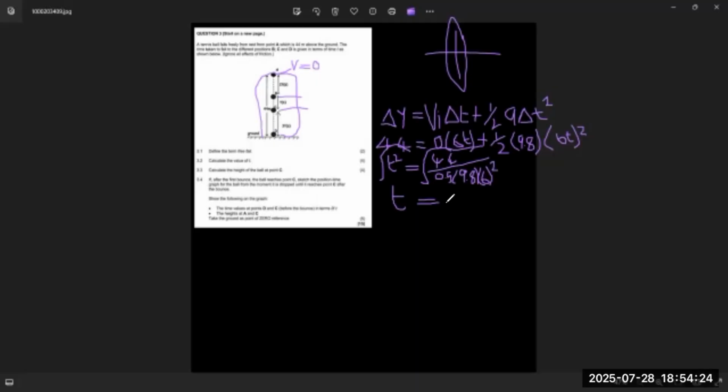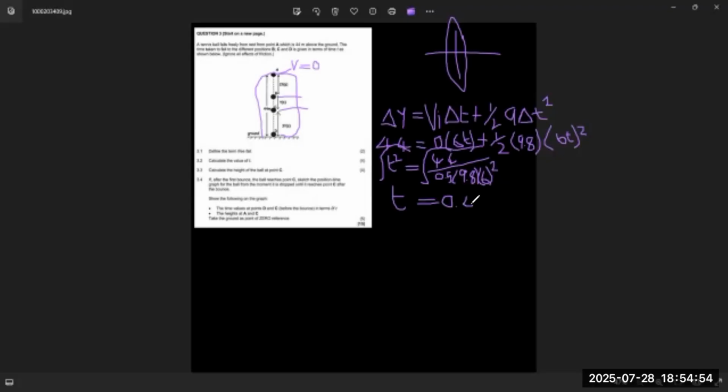So if you type that in your calculator, you'll find that your t will be equal to 0.499. Since you guys are told to round off your answers to a minimum of 2 decimals, let's just take 0.499, because 0.5 would be 1 decimal.